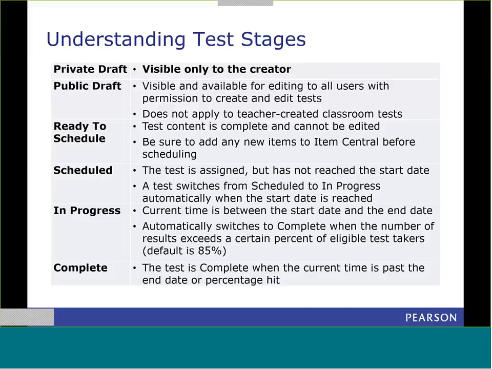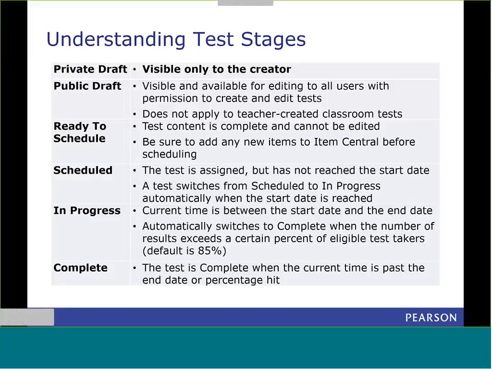But anytime a test is in draft stage is when you have the ability to edit them. If you are just creating a classroom test by yourself and not wanting anyone else to use it, then you most likely won't see the public draft stage. So when I go live on the site, I'll show you where you could change that category.